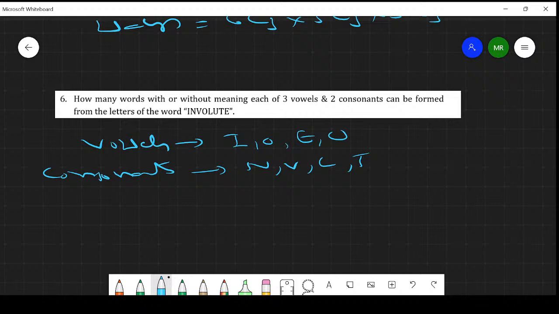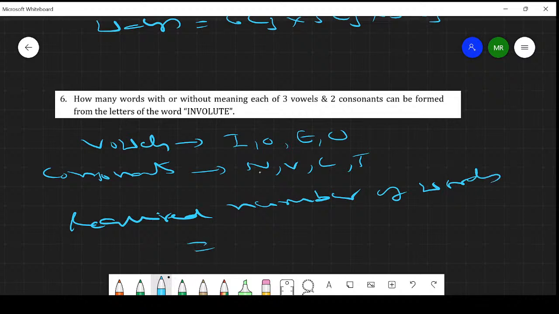The required number of words equals 4C3 into 4C2, and then, with 3 vowels and 2 consonants in 5 places, they can change places among themselves in 5 factorial ways, that is 5P5.